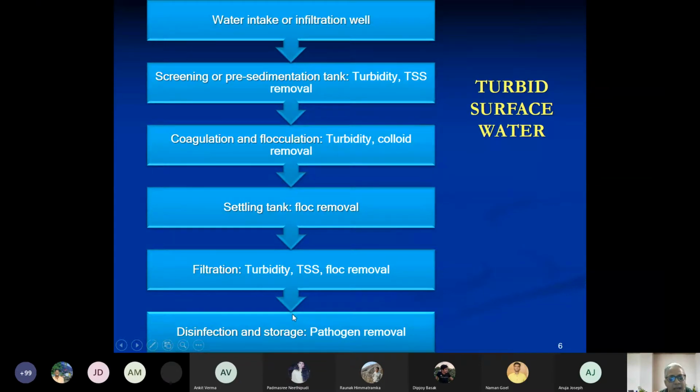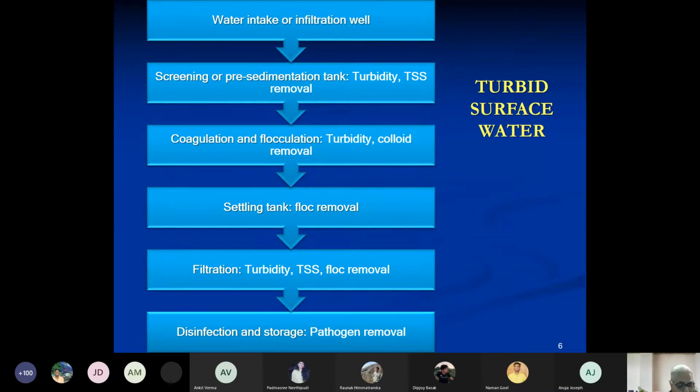Okay. And finally, you store the water, and anytime, absolutely anytime, when you want to store water, it should be disinfected, and the disinfection process should be such that you have a long-term residual. That long-term residual has to last for the amount of time that water takes from the treatment plant to the last consumer in the distribution system.